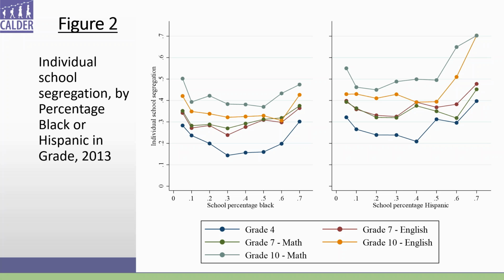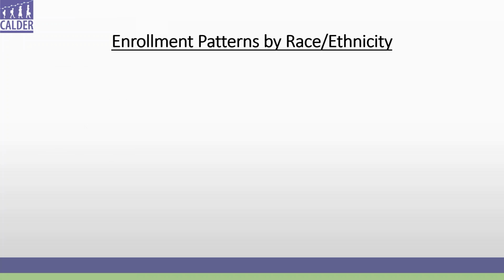Okay, last bit of descriptive information out of this is, since we were putting together these classrooms, we couldn't help notice what the courses were. So then you might want to ask the question, is a handmaiden of within-school segregation also disproportionately different kinds of courses that are being taken by these different groups?